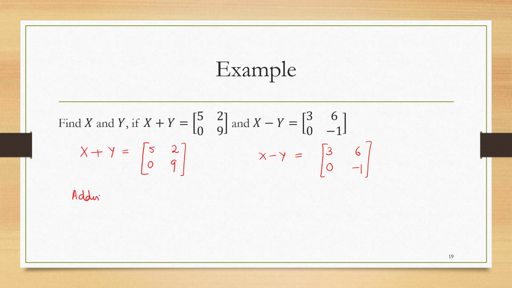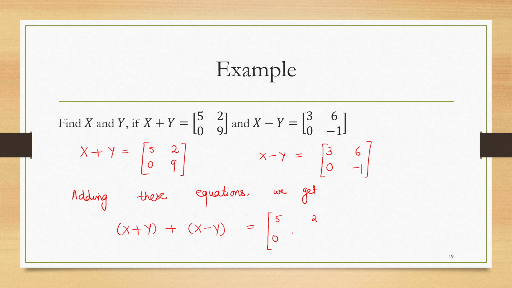Adding these two equations, we get, see on the left side we get X plus Y plus X minus Y. And on the right side we get 5, 2, 0, 9 plus 3, 6, 0, minus 1.